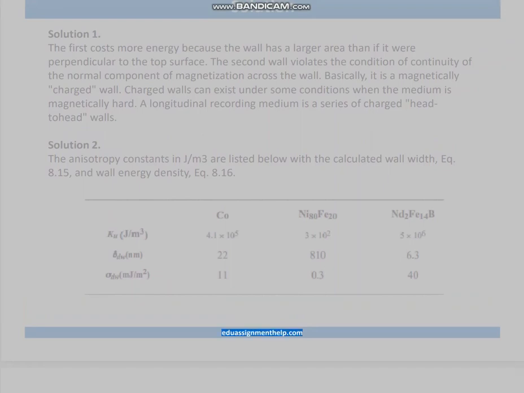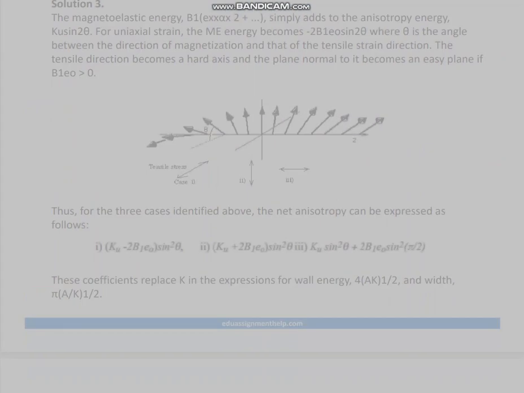Solution 3. The magnetoelastic energy, B1 times epsilon squared, simply adds to the anisotropy energy, K sin²theta. For uniaxial strain, the magnetoelastic energy becomes -(3/2)λσ cos²theta, where theta is the angle between the direction of magnetization and that of the tensile strain direction.